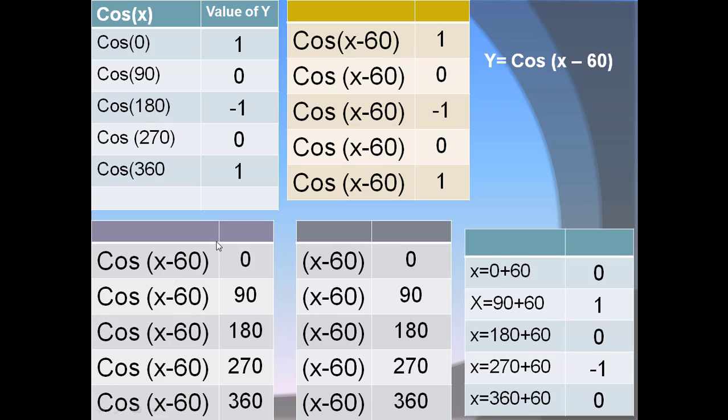And then you just delete the cos and you get this value. What does it mean? So x equal to 0 plus 60. It means that 0 degrees shifts right to 60, 90 degrees shifts right by 60, 180 shifts right by 60, and 270 shifted right 60 degrees becomes 330. But the values must be the same. You can see that 0, 1, 0, minus 1, 0. Okay, so you have to study this slowly.